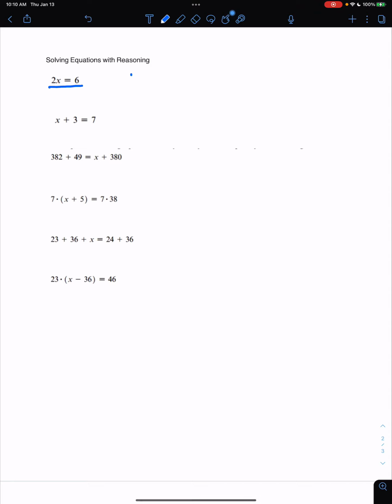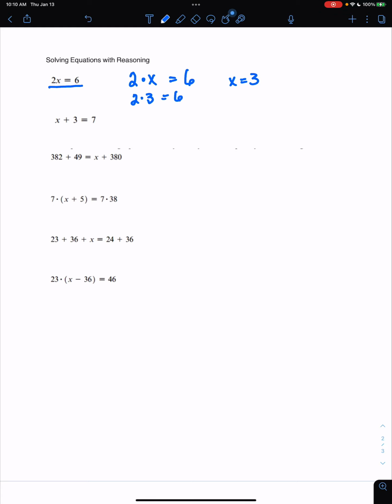In math symbols, we don't write 2 times x equals 6, but that's what it means. So we know that some number, x, times 2 will give us 6. And most of us can figure out pretty simply that 2 times 3 will give us 6, and so x equals 3.